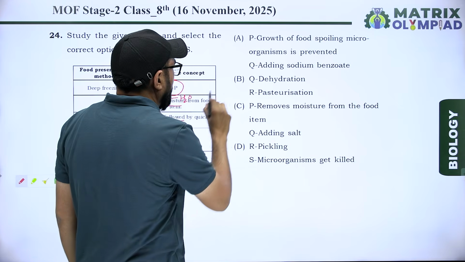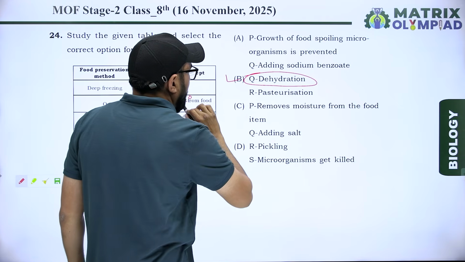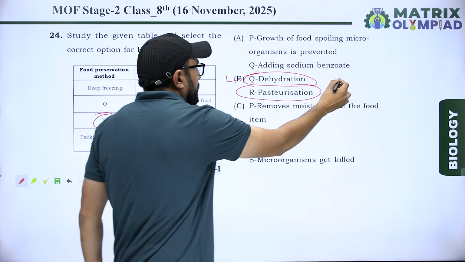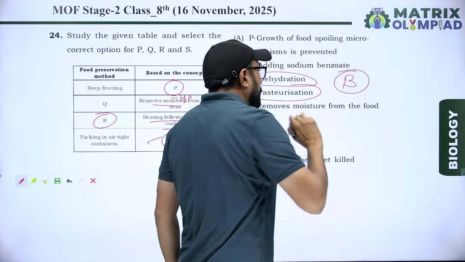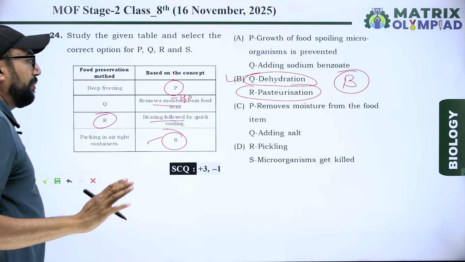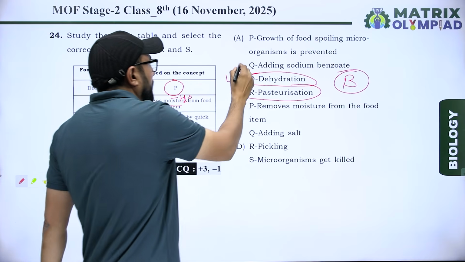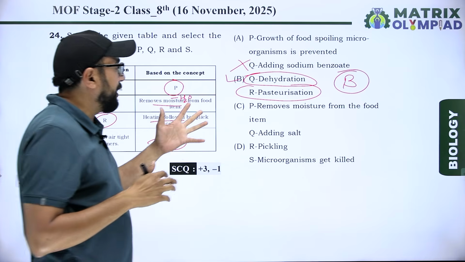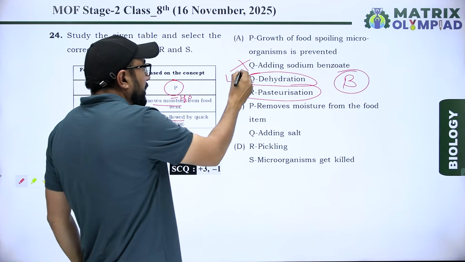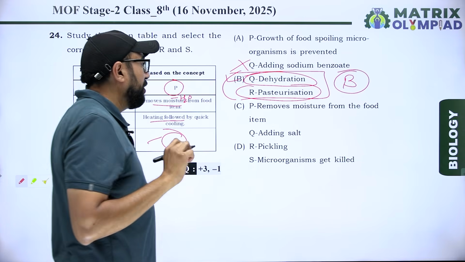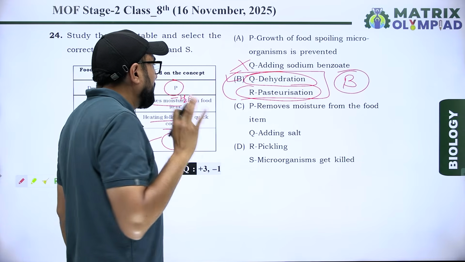Option B has dehydration and R is pasteurization. So option B is right. Others do not match correctly, like Q does not match, so option A is wrong. But in B, Q and R correctly match in the table. So option B is right.